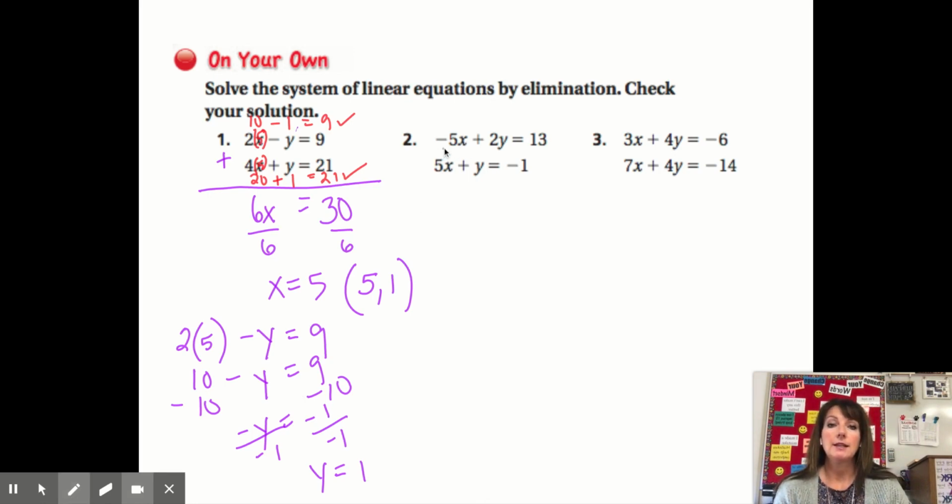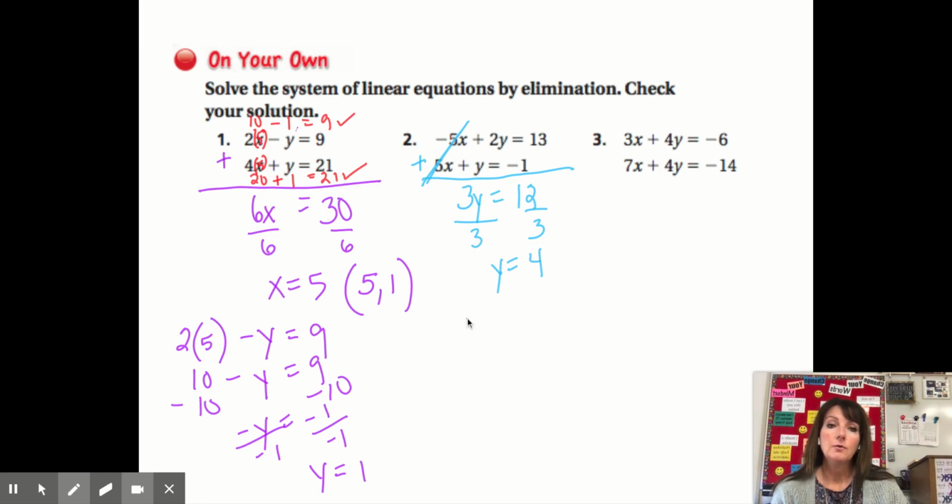All right. So let's try this next one. So number 2, negative 5x plus 5x is 0. So then I have 2 plus 1, so 3y is equal to 13 plus -1 is 12. So y is equal to 4.